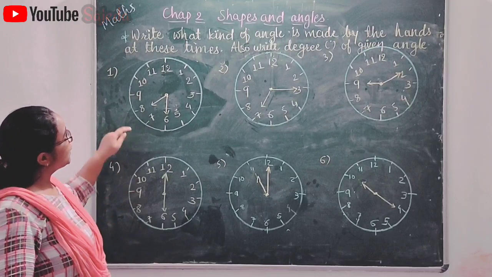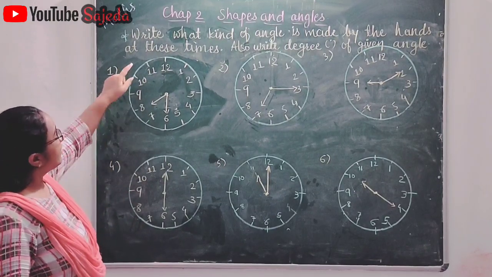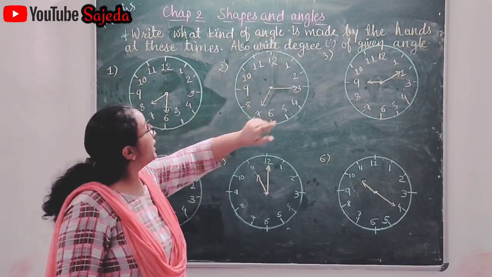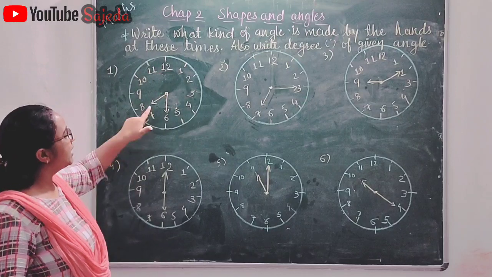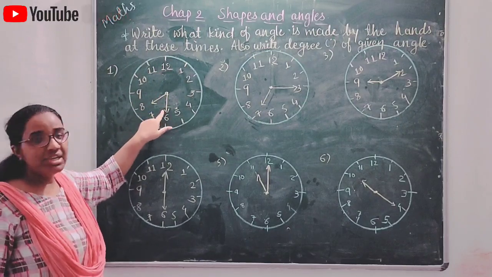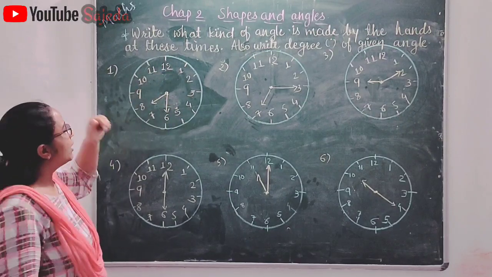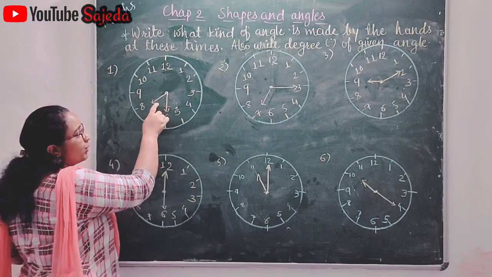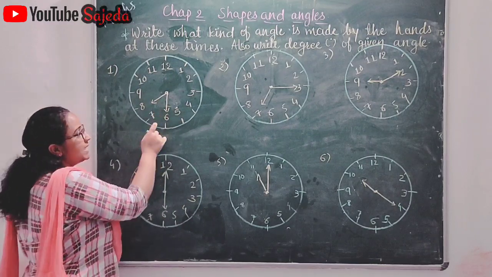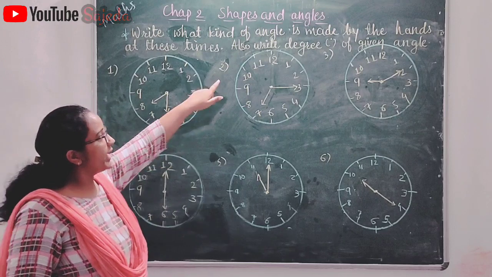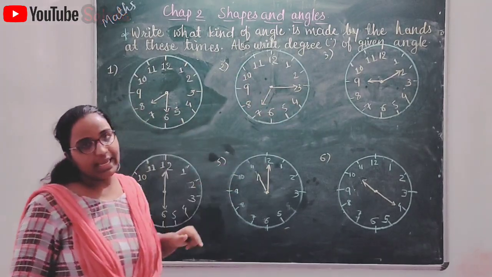Next question based on angle and time is, write what kind of angle is made by the hands at this time. Here you are already given a time and you have to find out what kind of angle is formed by these 2 hands at this time. And also write degree of given angle.